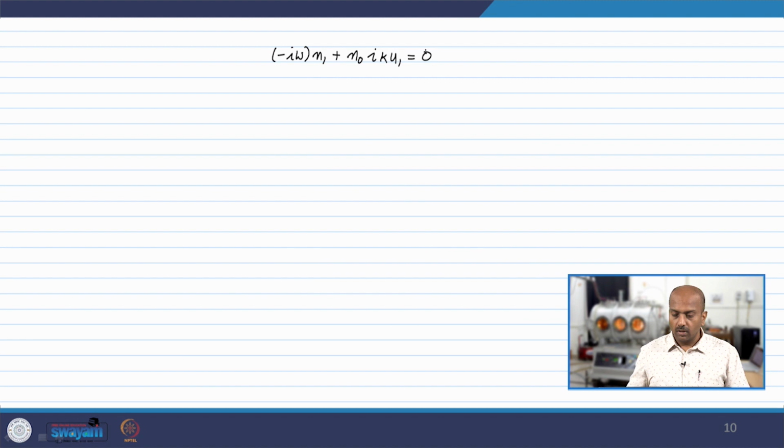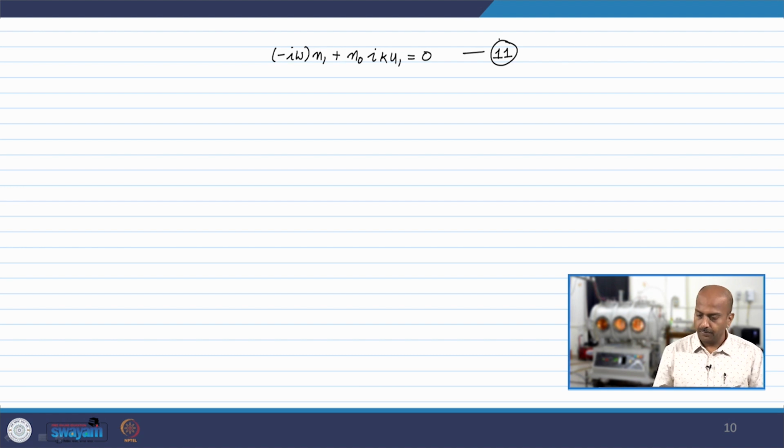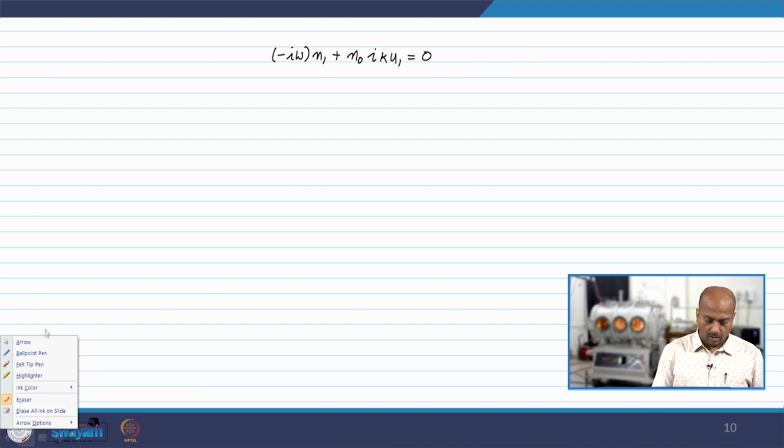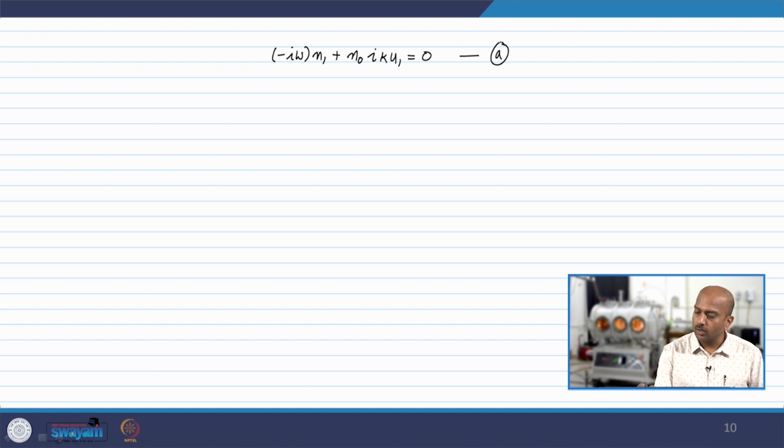We call this equation number 11, or for simplicity, let us call it A. Then i k epsilon naught E1 is equal to minus e n1.